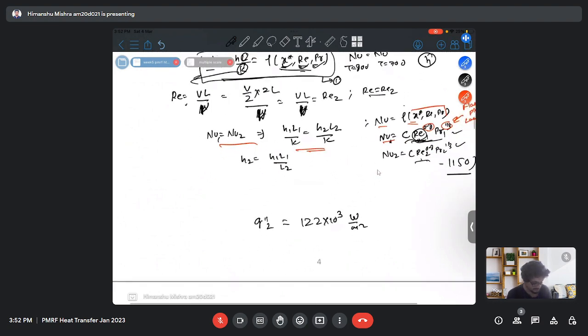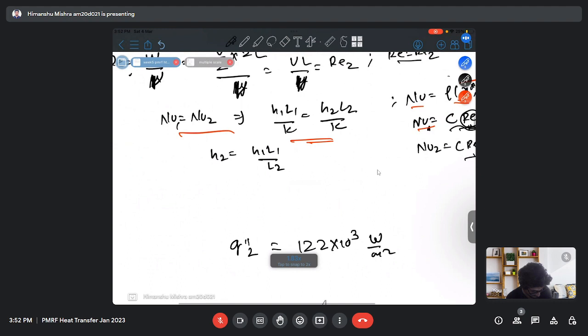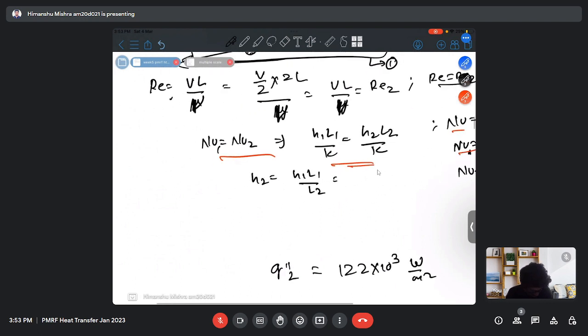So here we can define the modified heat transfer coefficient as H1 times L1 by L2. So this is my previous case, and I can define H1 from my previous case itself because these are not known quantities.